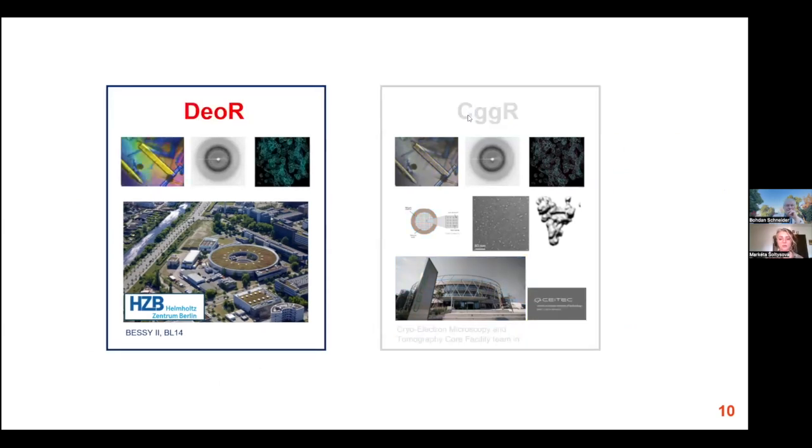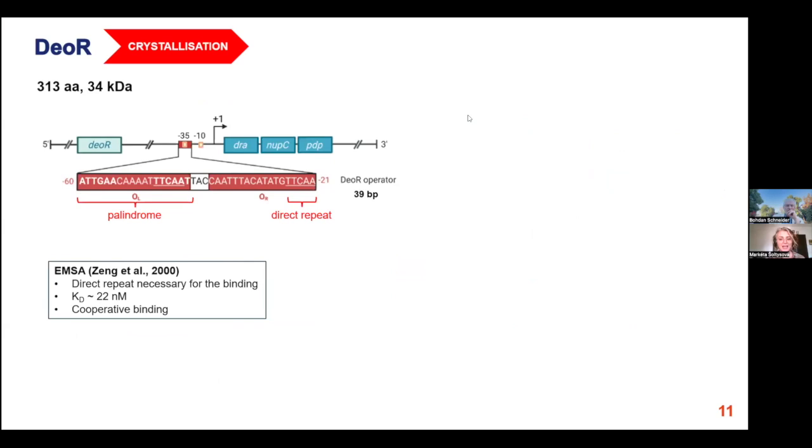But let's have a look at the full X-ray guide first, and jump directly to the crystallization of its complex with the DNA operator, which consists in this case of 39 base pairs, where we recognize a palindrome in the left part and a direct repeat, which is quite asymmetrically located within the right part of the sequence.